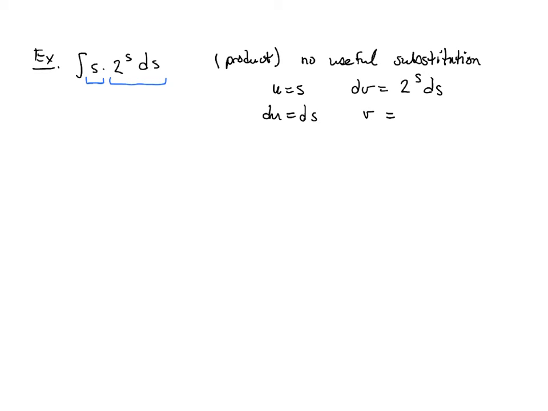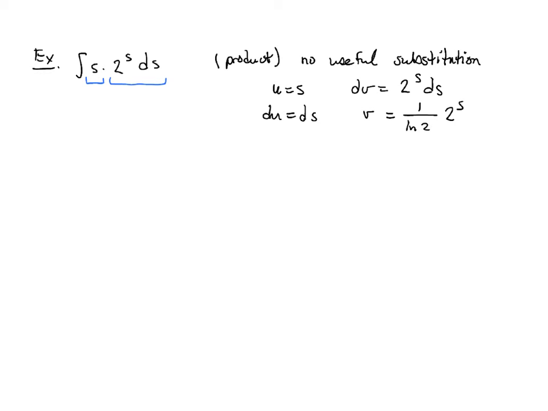For v, I have to integrate, and we have to remember that the antiderivative of 2 to the s ds involves a 1 over natural log of 2. And notice that I don't put a ds here, and I also don't put a plus c. We'll add a big plus c at the end that will deal with all of the constants that we have.